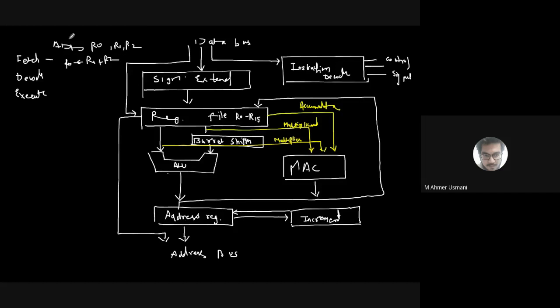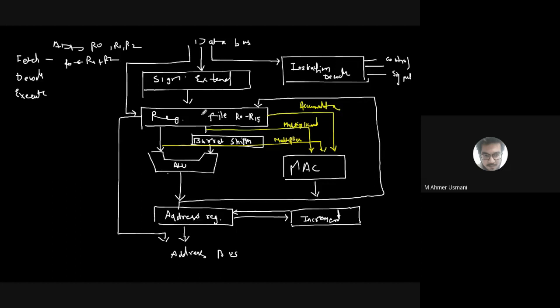If you need this instruction, where are the instructions stored? In the memory, right? So what is the first thing you need to do? You need to have the address of the instruction, right? The addresses are generally stored in some registers.